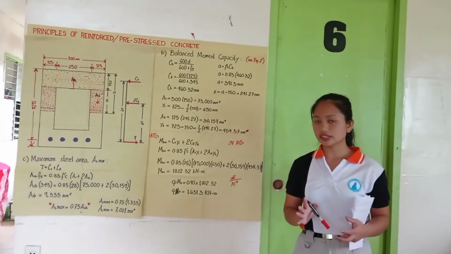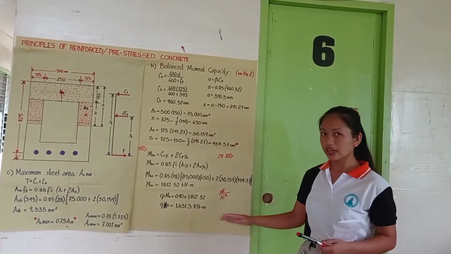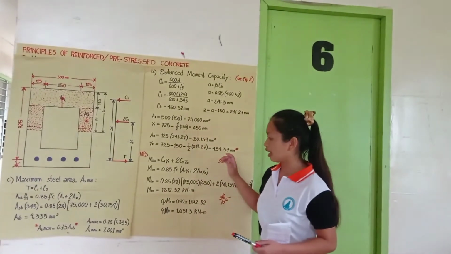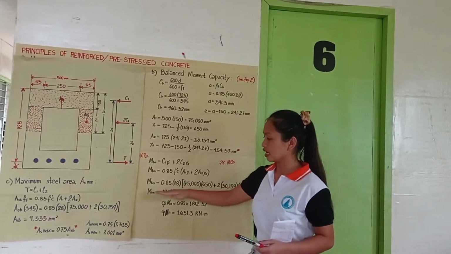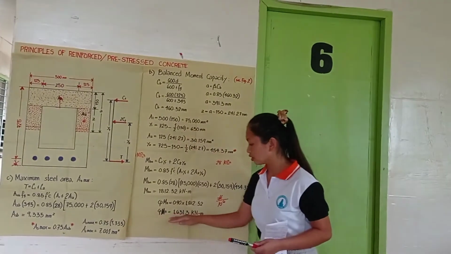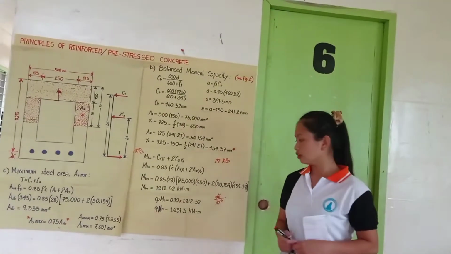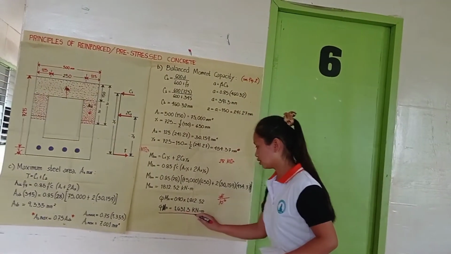And that is the answer for letter B. That is the balance moment capacity of the beam. I'm sorry that I have emphasized it here, but actually the balance moment capacity of the beam is found right here. That is 1,631.3 kilonewton meters.